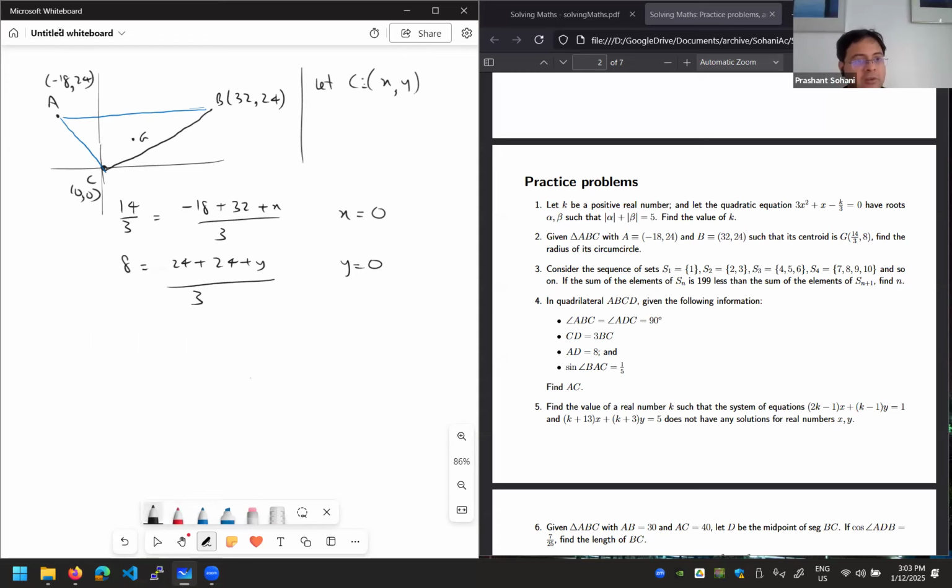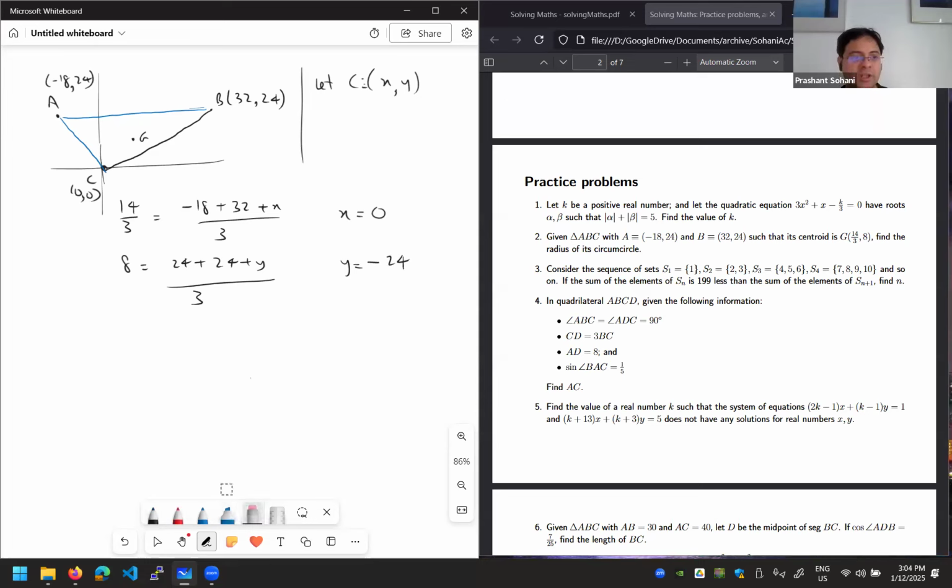Then I think I made a mistake in the calculation. Y is minus 24. Yes, you are correct. So I made a calculation mistake in this problem. Okay, so y is minus 24.